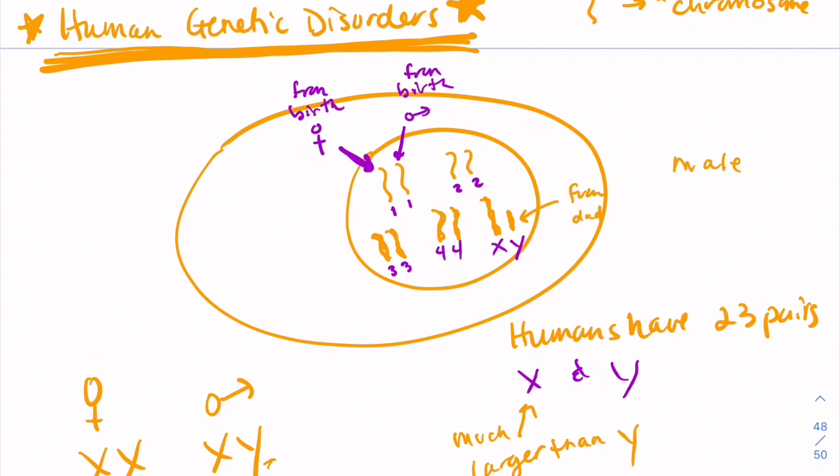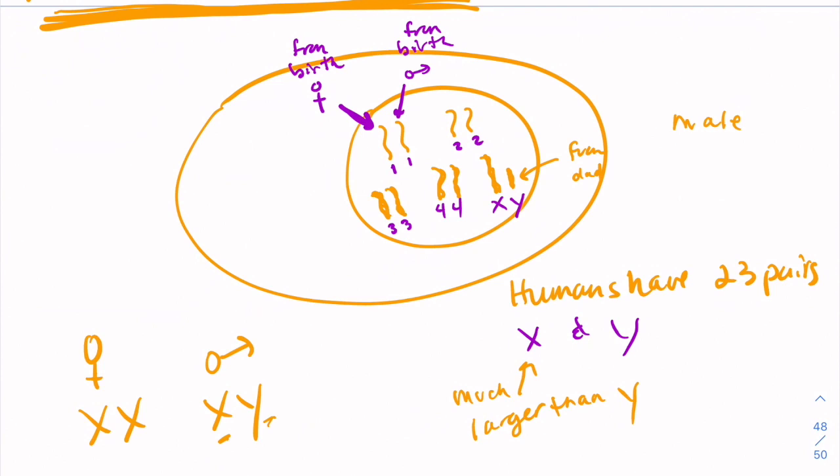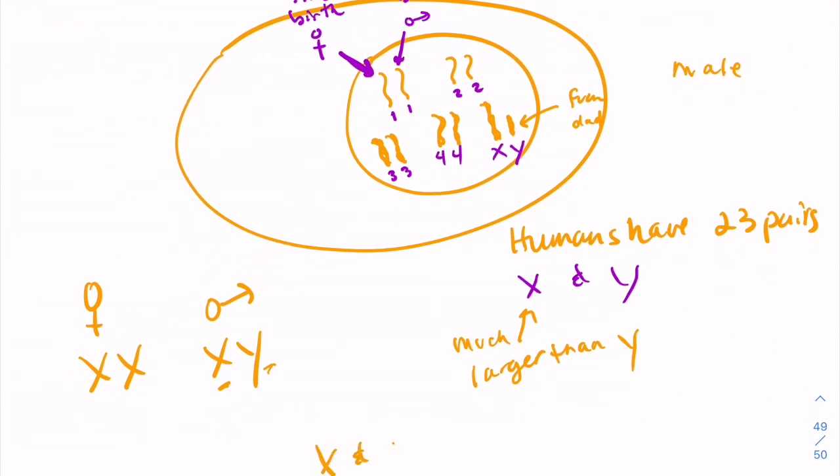Why am I giving you all this information? Because we need to have a little more vocabulary here. There is a word that we use to refer to the X and the Y chromosome. The X and the Y, these are sex chromosomes.